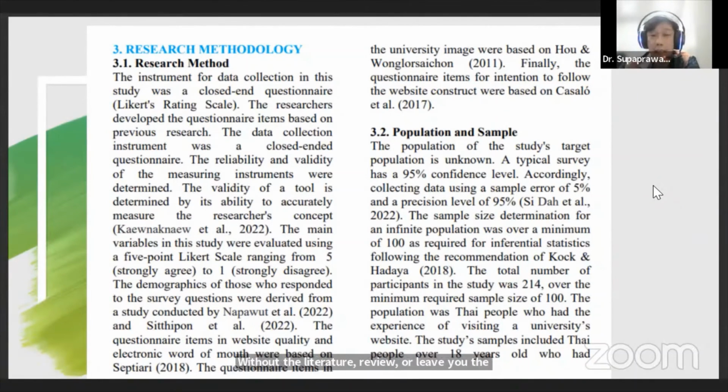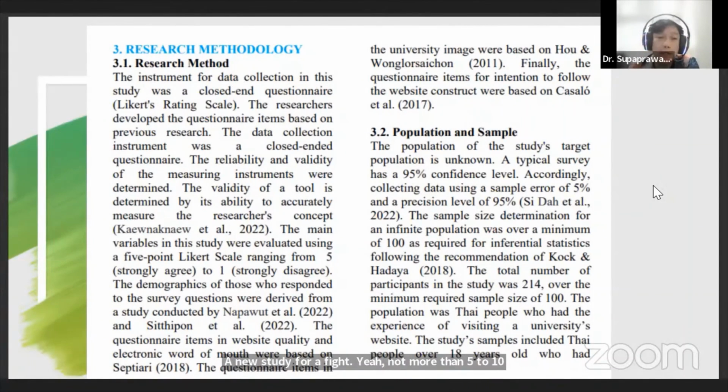Because if you create the questionnaire without the previous study, the quality of the research has a problem, because the questionnaire is not based on the previous study. I suggest to adopt or adapt the research questions from a new previous study, within 5 years, not more than 5 to 10 years.